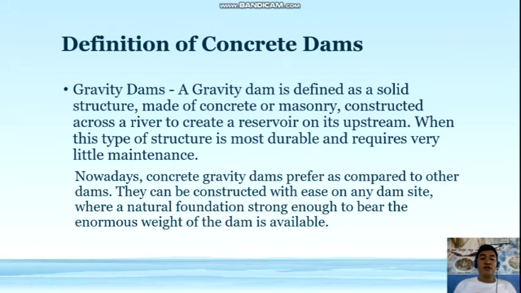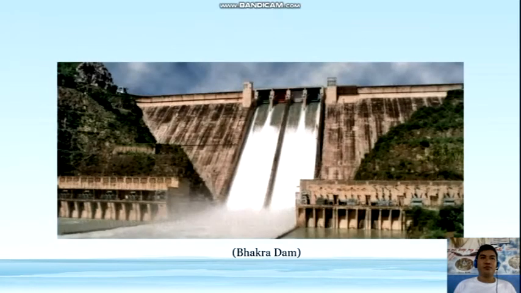They can be constructed with ease on any dam site, where a natural foundation strong enough to bear the enormous weight of the dam is available. So, Bhakra Dam is one of the many dams that is a gravity dam.